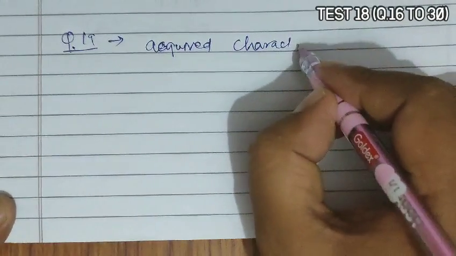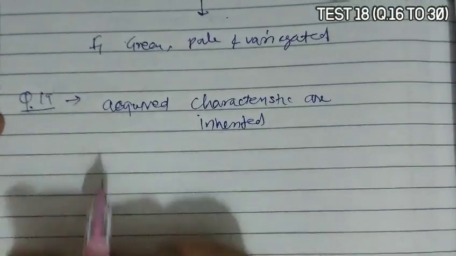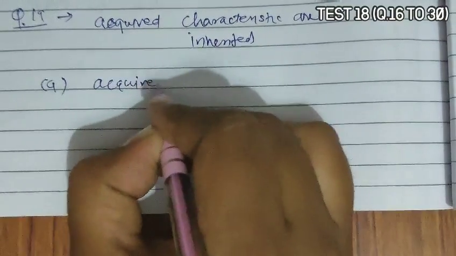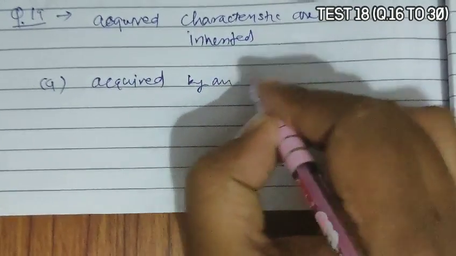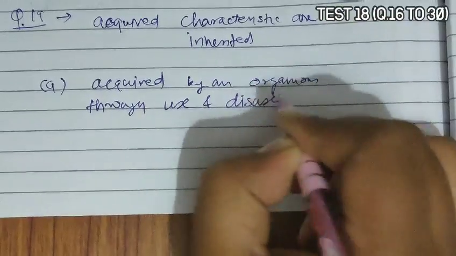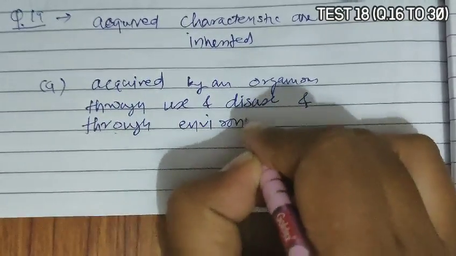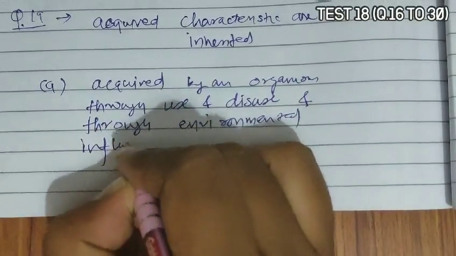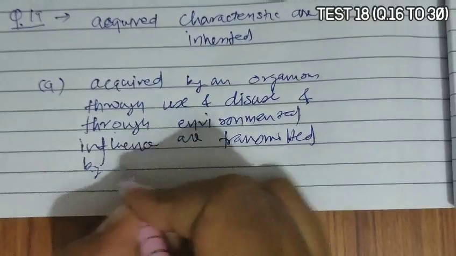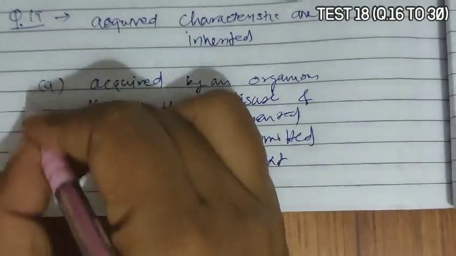Now if we talk about statement A, it says that the characters acquired by an organism through use and disuse, and through environmental influence, are transmitted by heredity to the next generation. So A is the correct answer.